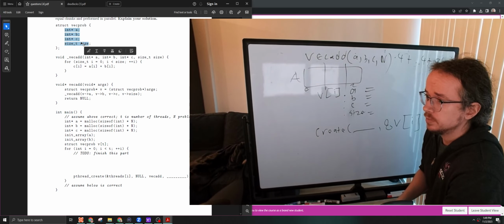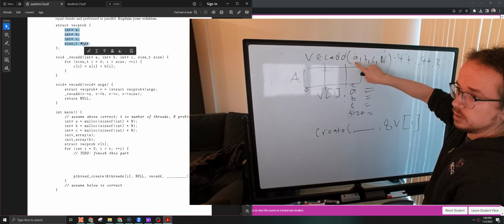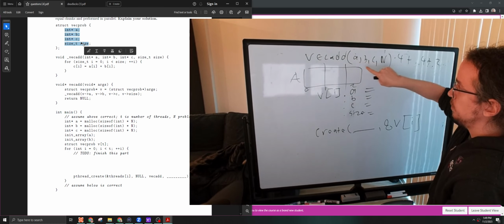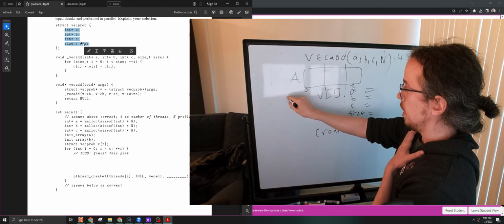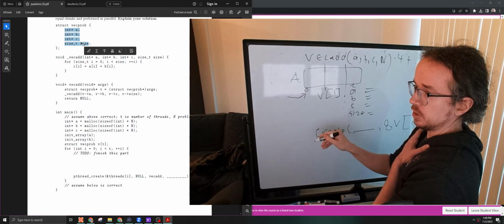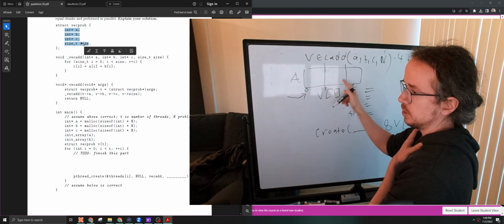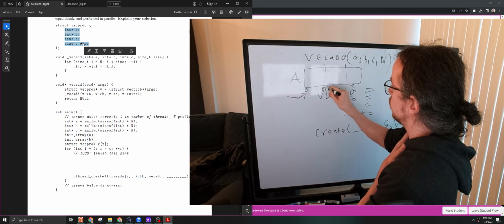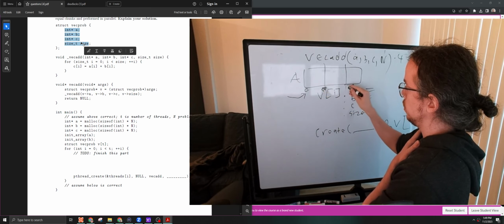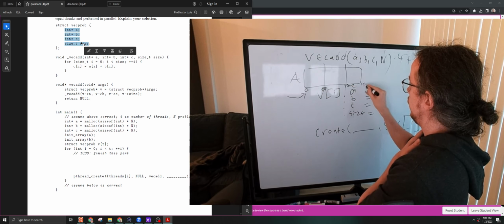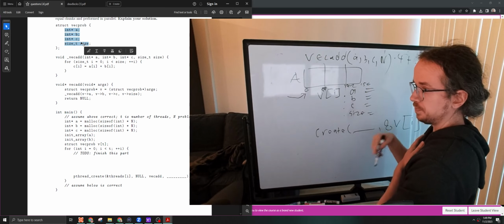The way we do that, we tell vecadd where to start, and we tell vecadd how many elements to go through. So our goal is that for I equals 0, you tell vecadd to start at 0 and go to, let's assume each of these chunks is 50, 50. And then for thread 2, you want to start at 50 and go to 100. And then for thread 3, you want to start at 100 and go to 150.